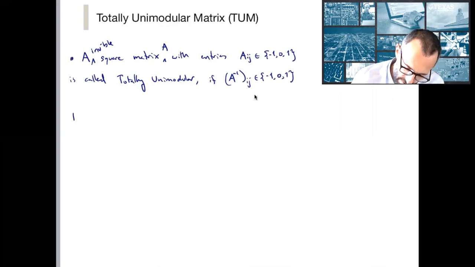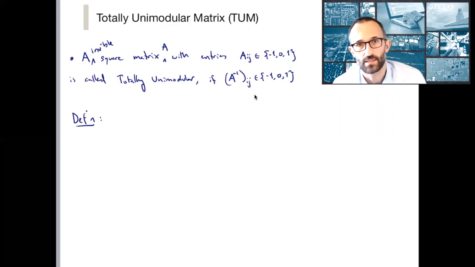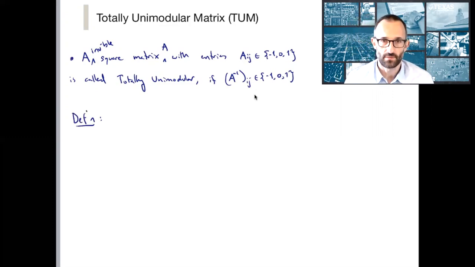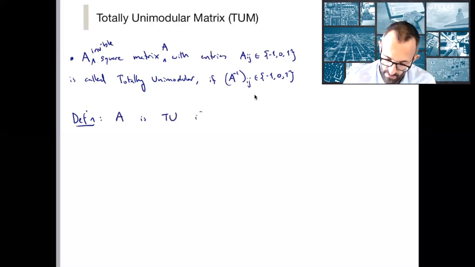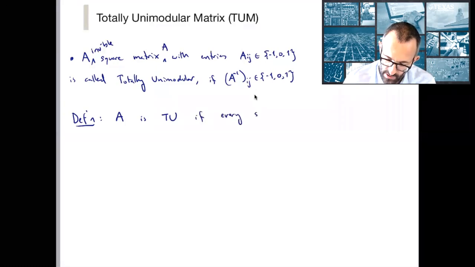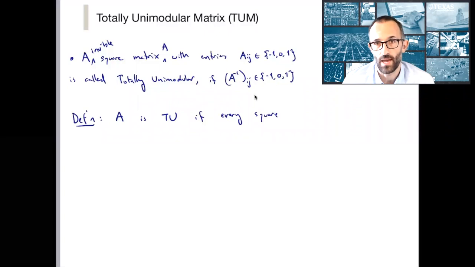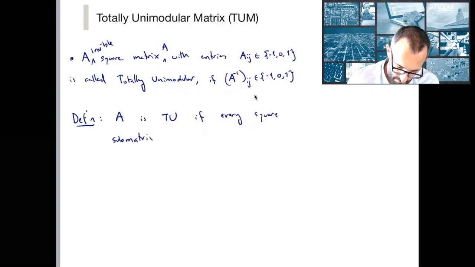So the main definition, the one that you'll typically see in the context of integer programming, and the one that will also be very useful for us, though actually both will be useful, is: a matrix A is totally unimodular if every square submatrix, so unlike the definition above, this does not require A to be invertible, it doesn't even require A to be square, has determinant either +1, 0, or -1.